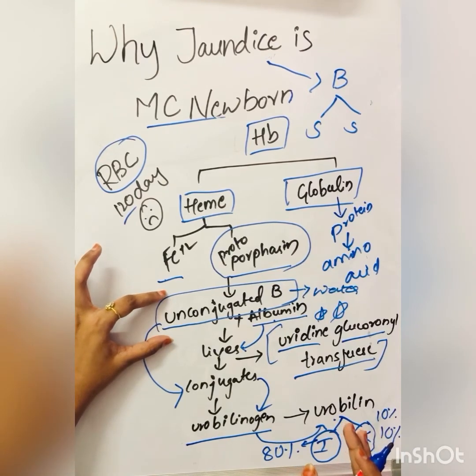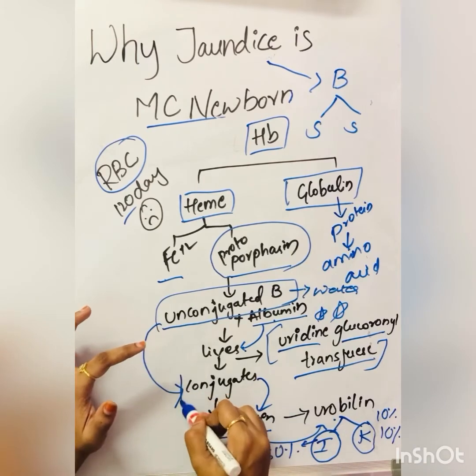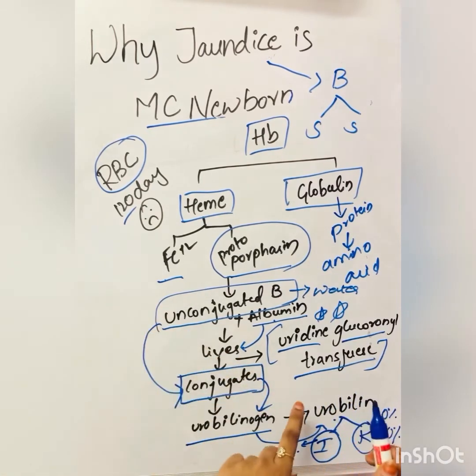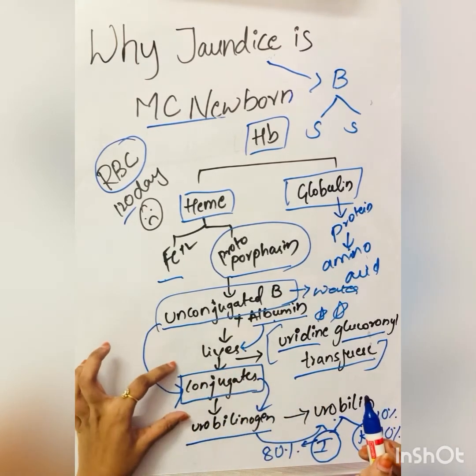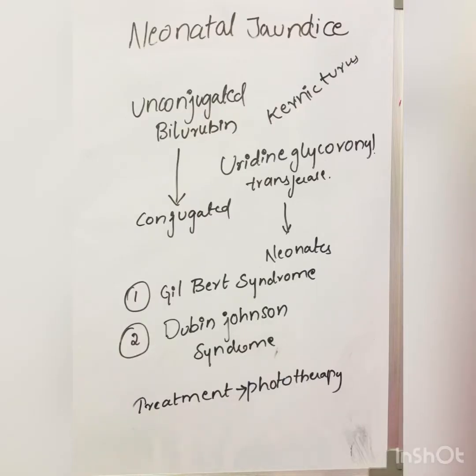This water insoluble form is converted into the water soluble conjugated form in the liver with the help of uridine glucuronyl transferase. This conjugated bilirubin is again converted into urobilinogen and urobilin. We have completed the basic part, right?